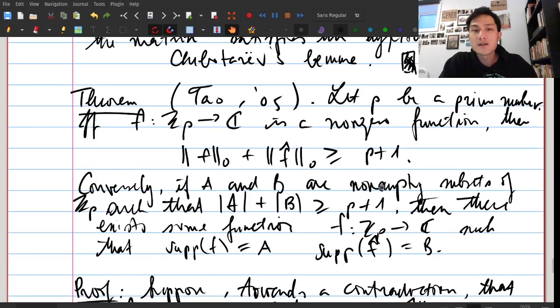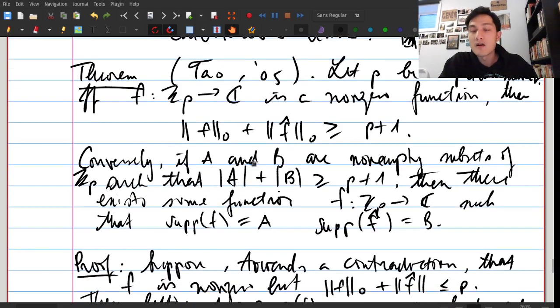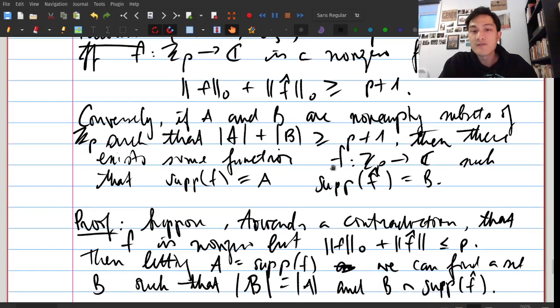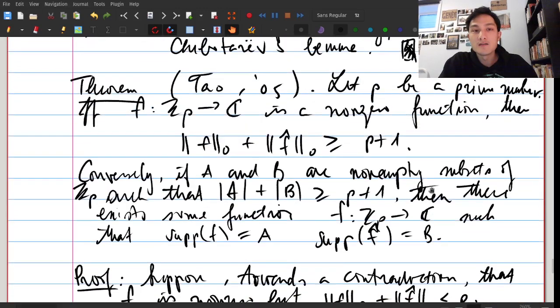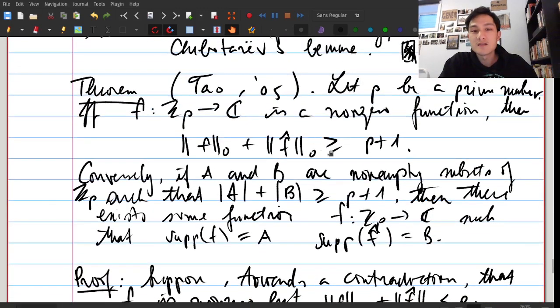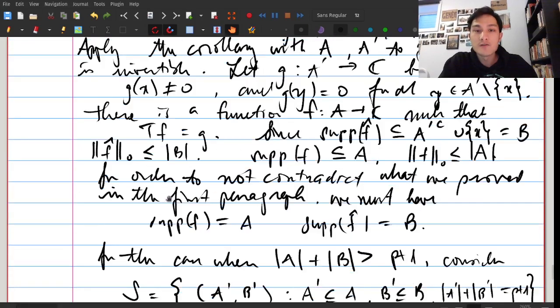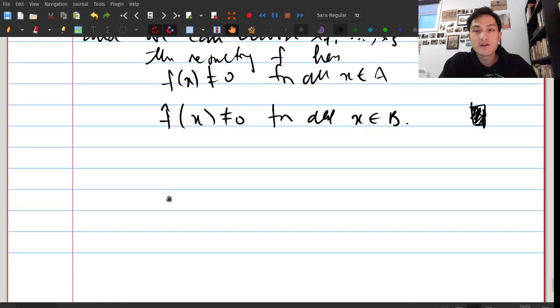Conversely, if A and B are non-empty subsets such that their sizes satisfy this inequality, then there's some function f whose support is A and whose Fourier transform has support equal to B. We're going to use both of these directions, both the inequality and its converse, in the proof of the Cauchy-Davenport theorem.